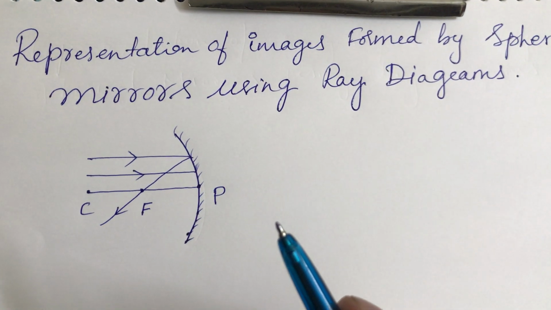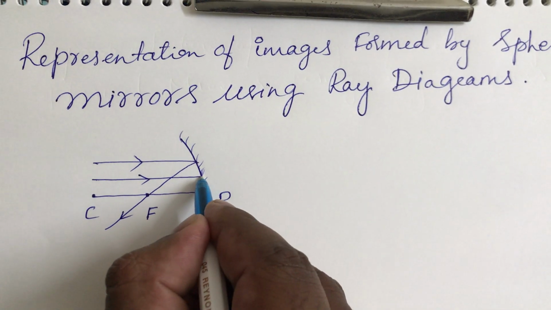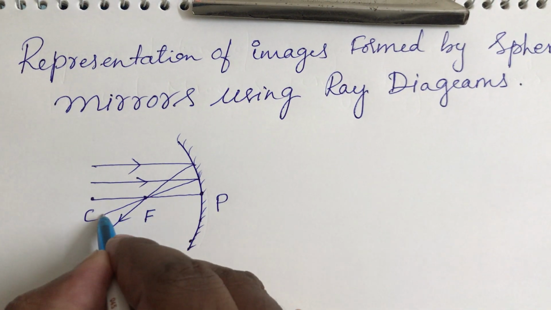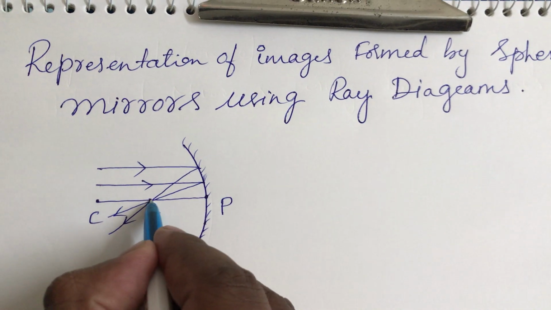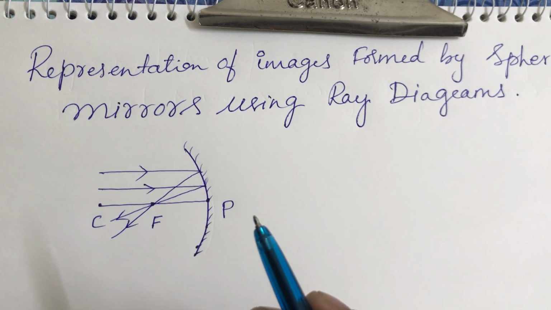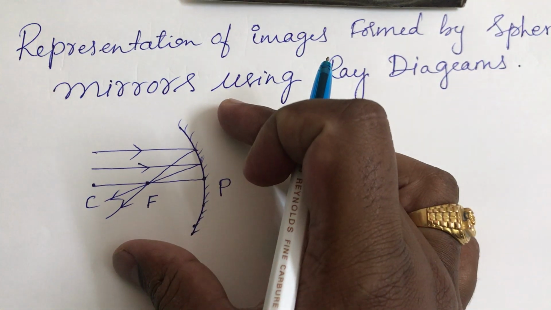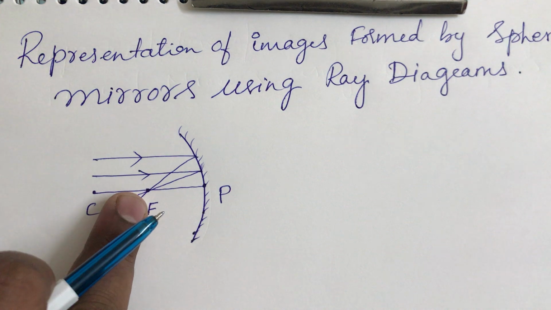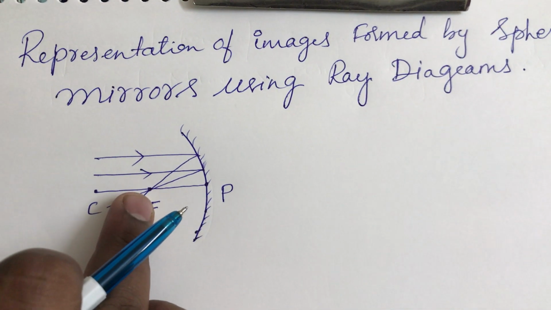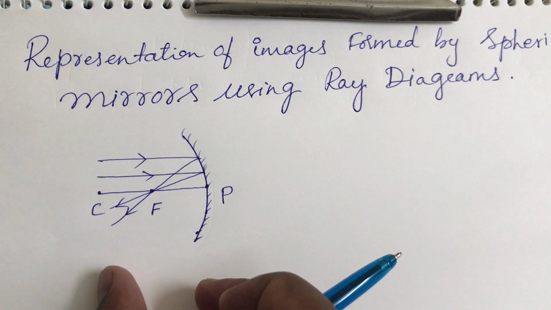After hitting the mirror, it will reflect back and pass via the focus. Here is the point where the image formation will take place. Basically, in a spherical mirror, the point where the light comes and meets after reflection is the image formed point.